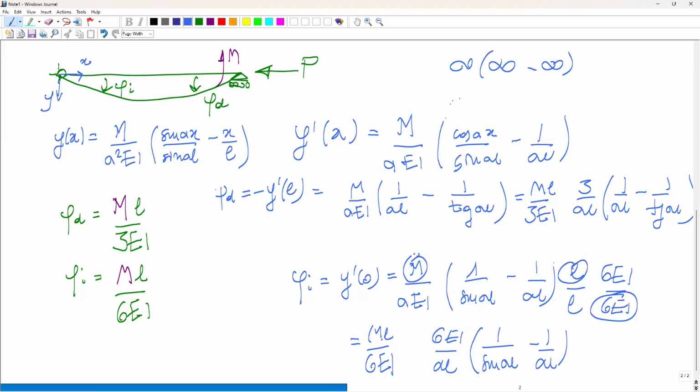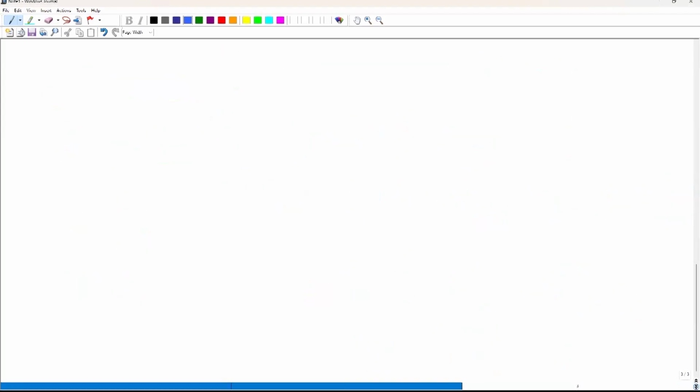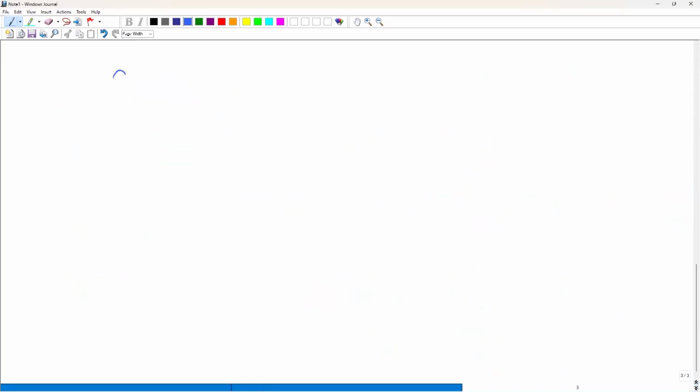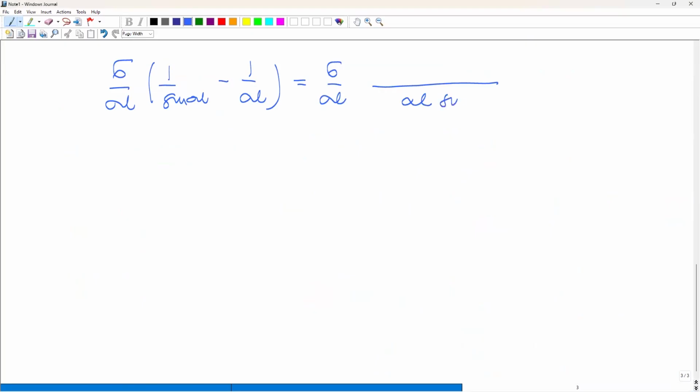How do we solve a case like this? Limit. It's a limit. So if you want to calculate 6 over alpha L, which we can also write, you will agree with me, is that correct?